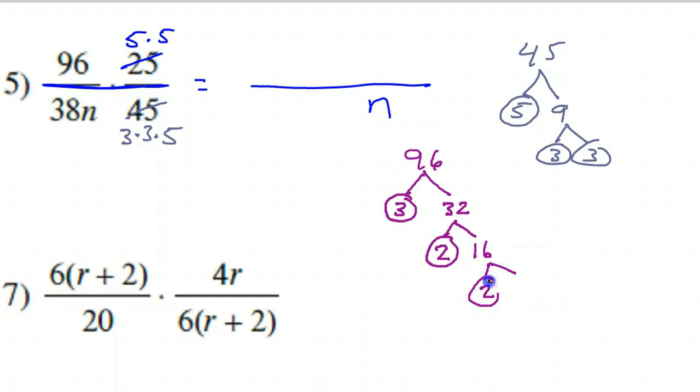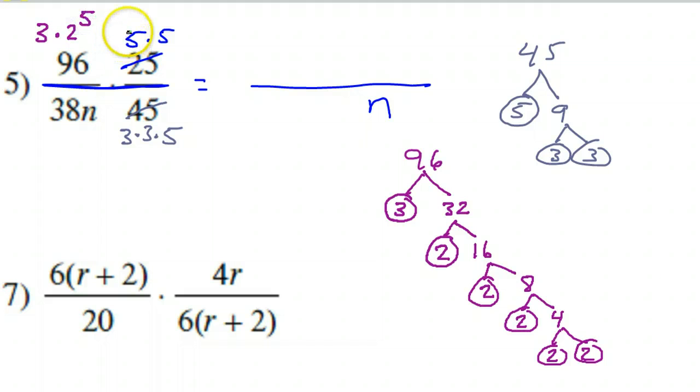That'll be 2 times 8. 8 is 2 times 4. And 4 is 2 times 2. Okay, now that's a lot of 2's. So I think I will break down and write this as, see, 1, 2, 3, 4, 5 2's. This is 2 to the 5th power. So I've got 3 times 2 to the 5th power. Okay, let's do it that way.